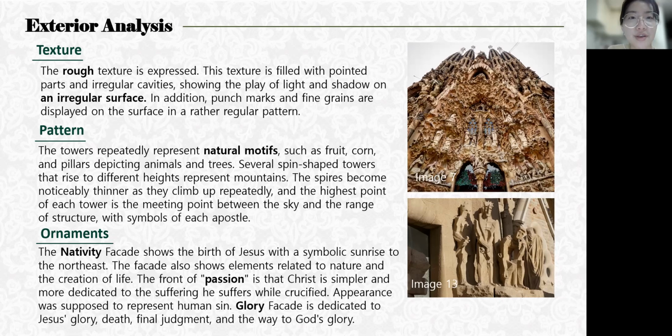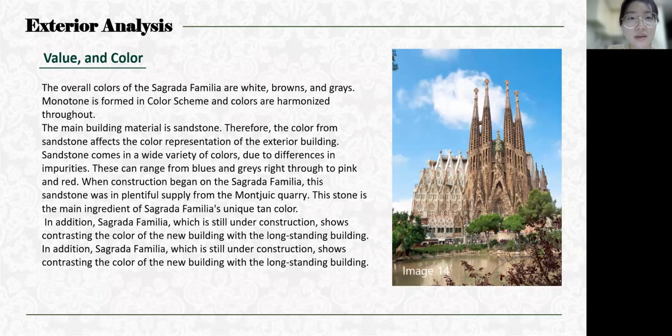In particular, it is fun to see the decoration on the three facades. The overall colors of the Sagrada Familia are whites, browns, and grays. Monotone is found in the color scheme and colors are harmonized throughout.